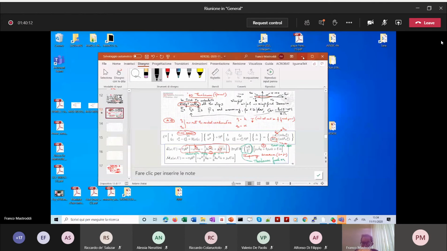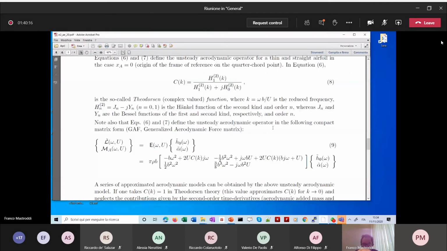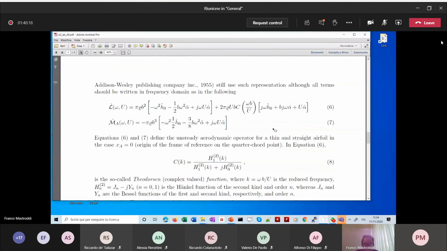And therefore now if you consider your exercise number 2, the text of your exercise number 2 here, okay, we have that this is the formula I have presented, and this is the expression of C. C is a function of omega, b, and U. This means that essentially C depends on the structural number, it depends on the reduced frequency.